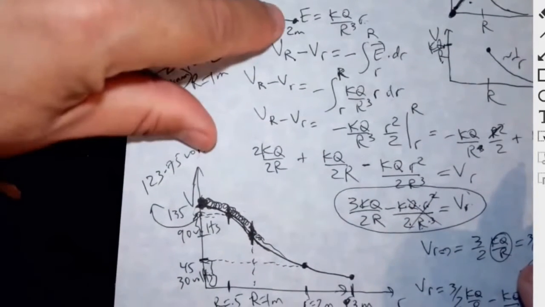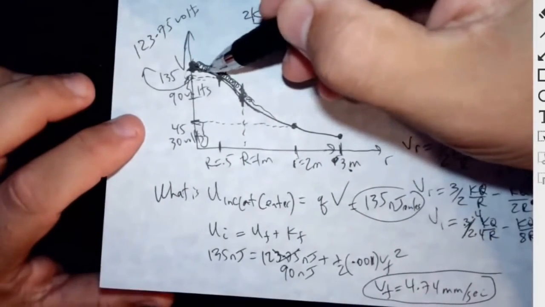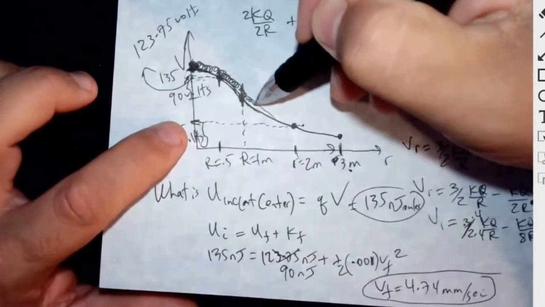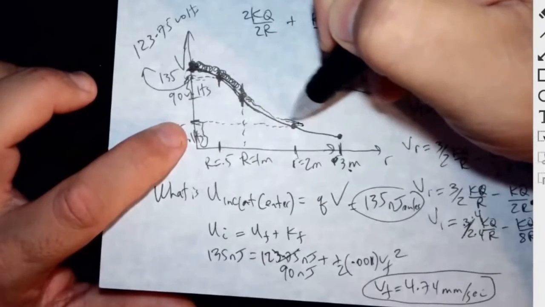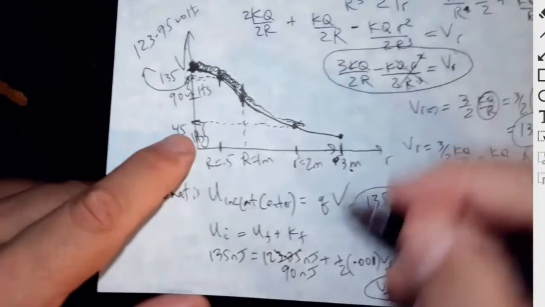So what is its speed when it reaches 2? So then you go all the way from here to 2. Now here it's not going to increase speed as fast because it's a 1 over r behavior, right? So at r equal to 2, it's going to be 45.